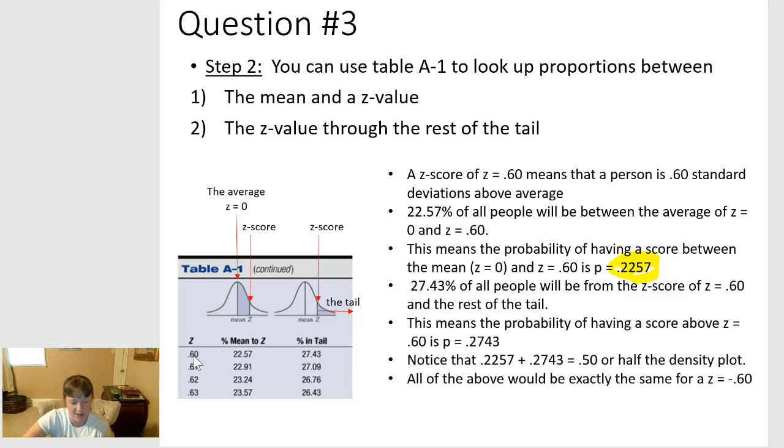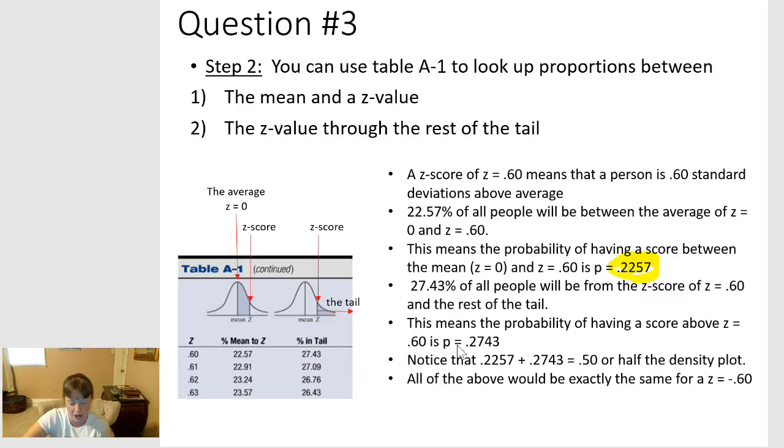And so if I go back to my z-score of 0.60, I see that 27.43% of all the people will be from the z-score of 0.6, so let's say that's here, from the z-score of 0.6 and above, so in the tail, right? So from that z-score and above, that will be 27.43% of the people.